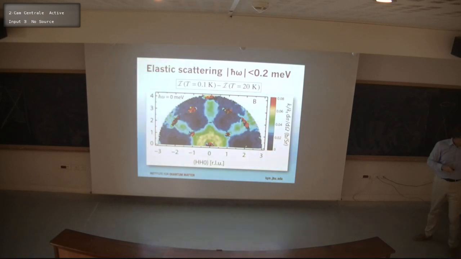And there are a couple of new things I wanted to mention. So this is actually quite old stuff, but there will be some nicer new stuff that I want to show. What's shown here is the elastic scattering, actually, or at least things less than 0.2 millielectron volts at low temperatures. And you see a pattern which is somewhat akin to what you saw previously.